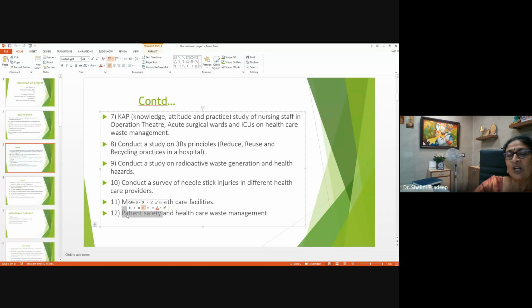It's a new buzzword that is being used now. For example, if there's any healthcare waste management conference, along with that they put patient safety also as a part of the conference. So there are plenty of topics in patient safety where you can work.